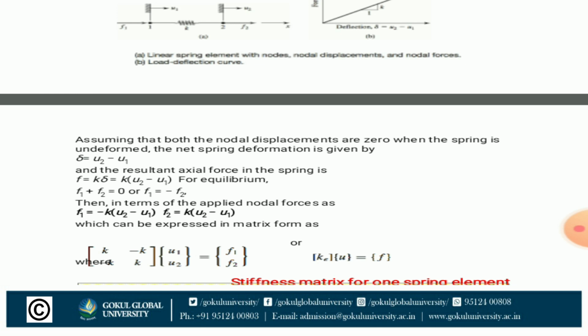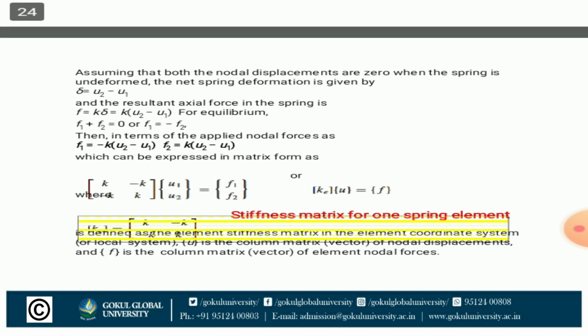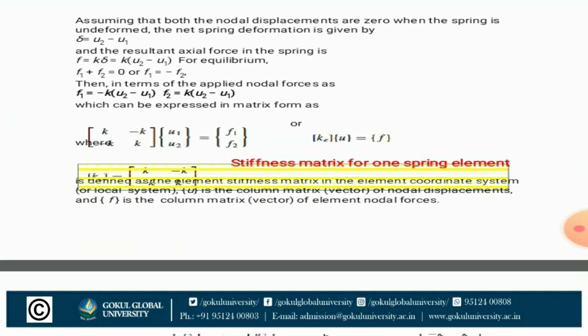We also know that KU is equal to F, stiffness times linear displacement equals force. So the stiffness matrix for one spring element is calculated by the basic equation K equals, in brackets, K minus K, minus K K, a 2 by 2 matrix, right?